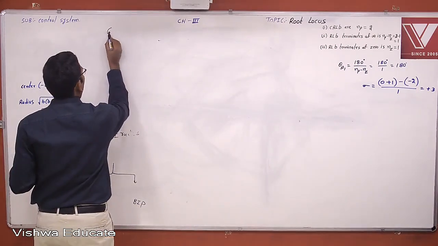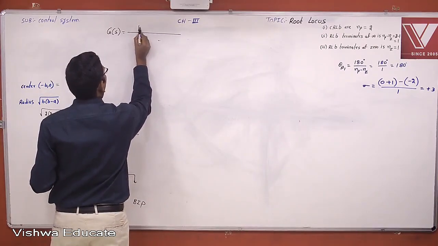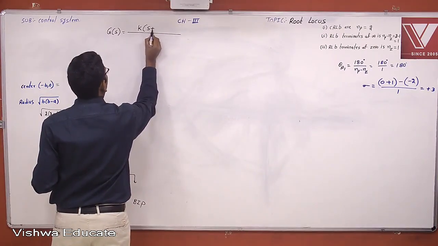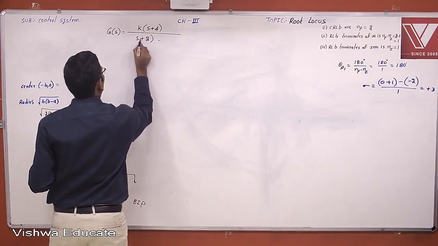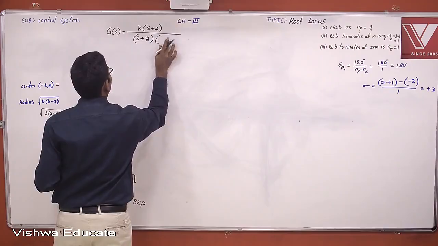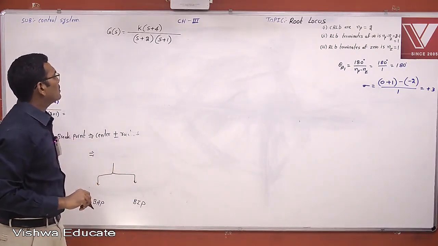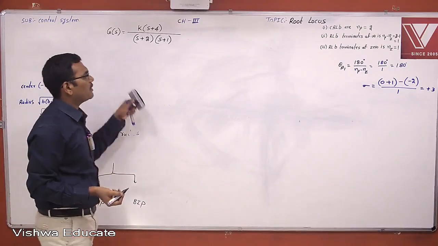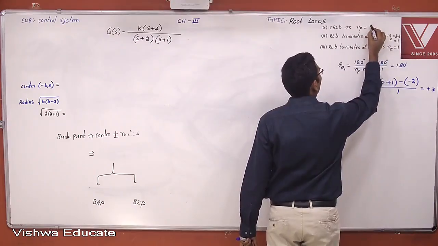Now the transfer function G of s is equal to K into s plus 4 by s plus 2 into s plus 1. Okay. Now this is again the same practical transfer function. Complete root locus branches are np, which is 2.